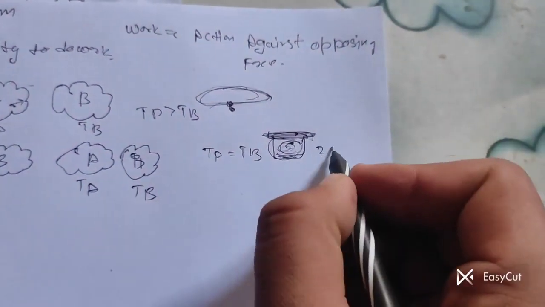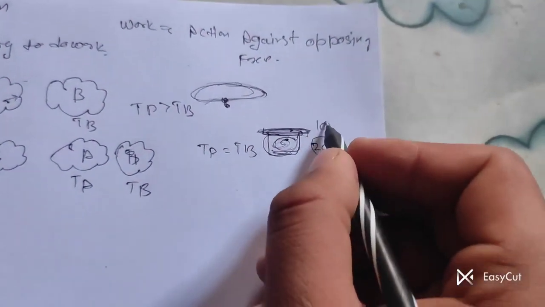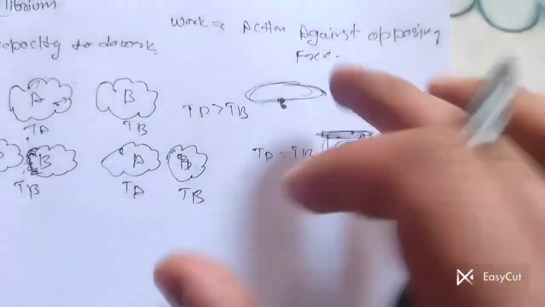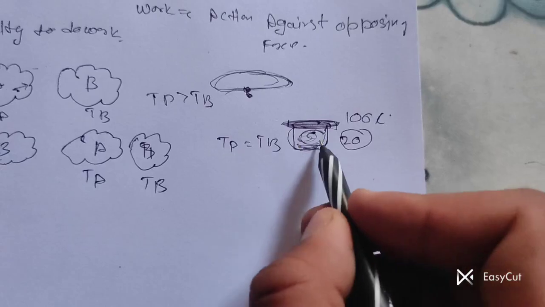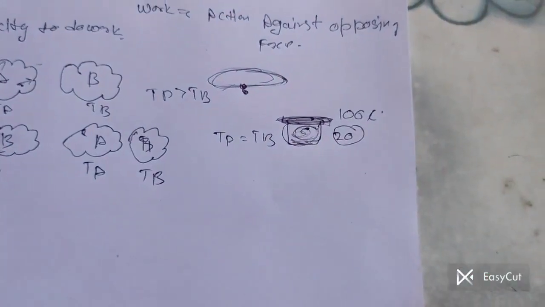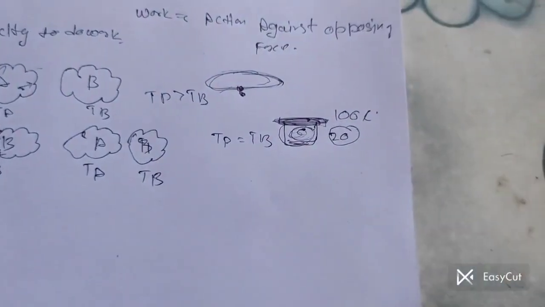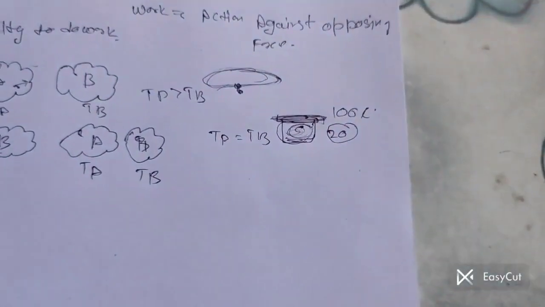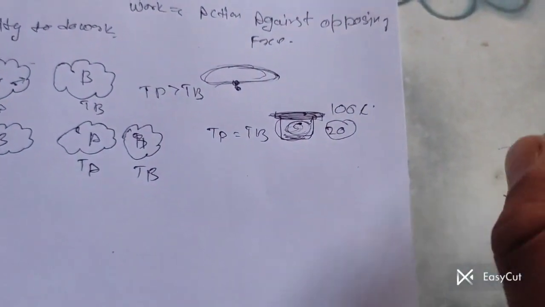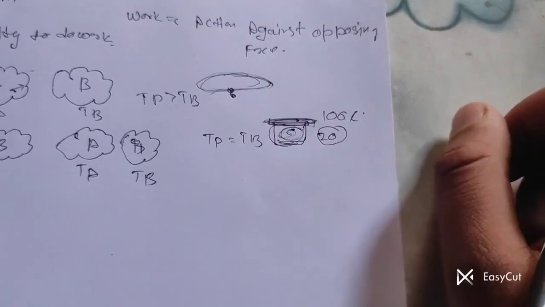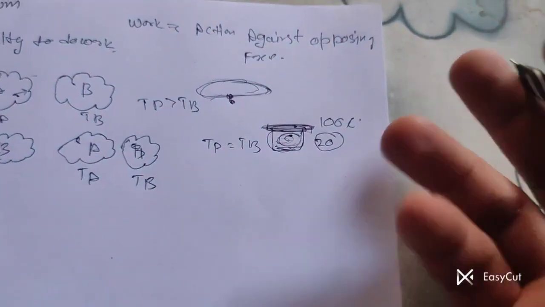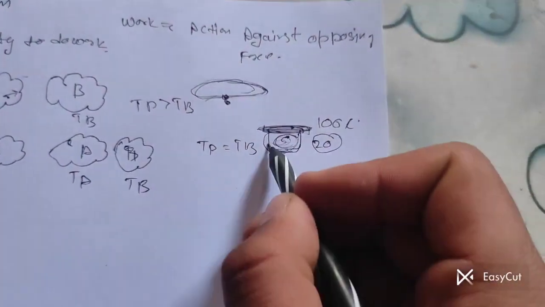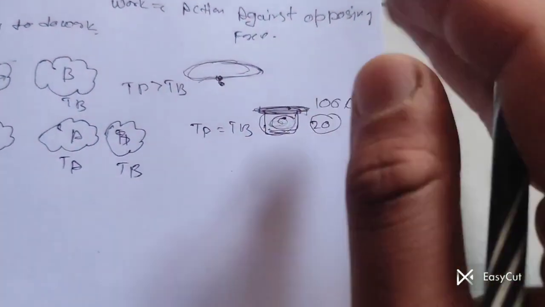For example, it is now 20 degrees, and previously it was, say, 100 degrees. Or the tea in the cup: we see that its temperature drops. You can try it on your own. This is an example of thermal equilibrium with the surroundings.